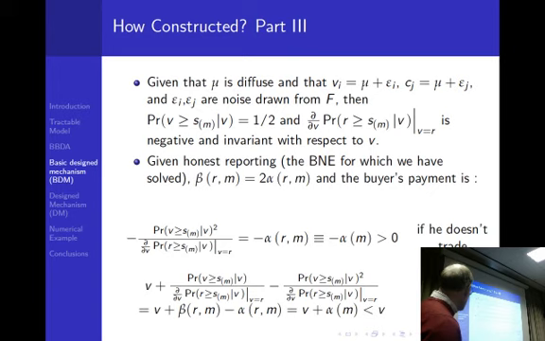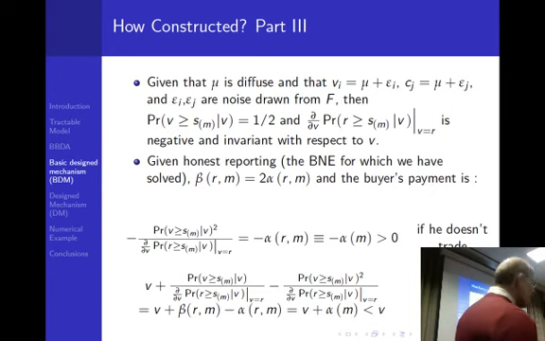You're going to get your value, you're going to pay your valuation plus beta minus alpha. Well, that turns out to simplify to v plus alpha, but alpha is a negative number, so you're going to pay less than your valuation, which is what you want when you're a buyer. You're underbidding there.